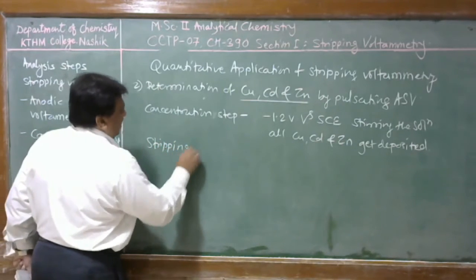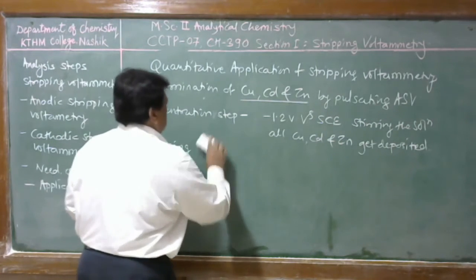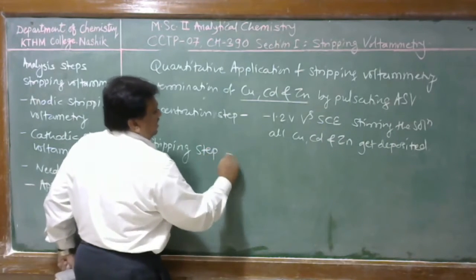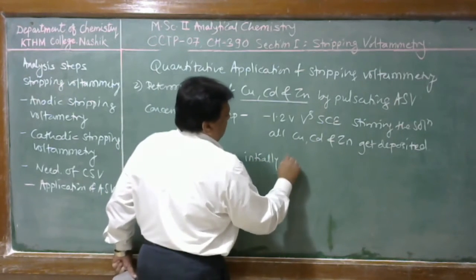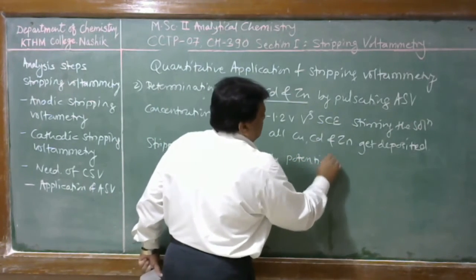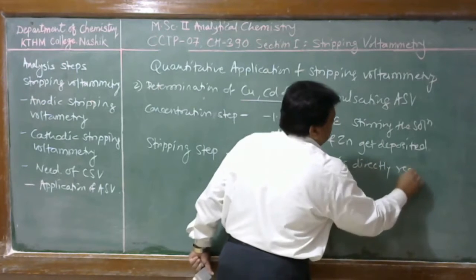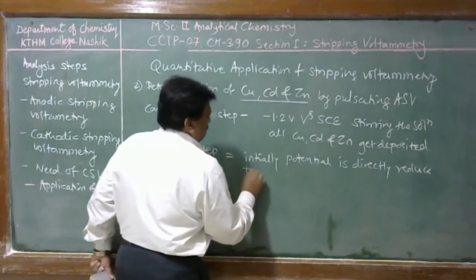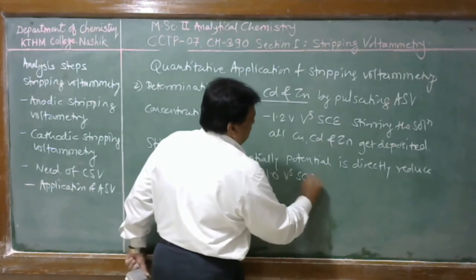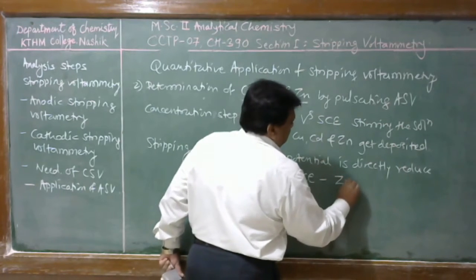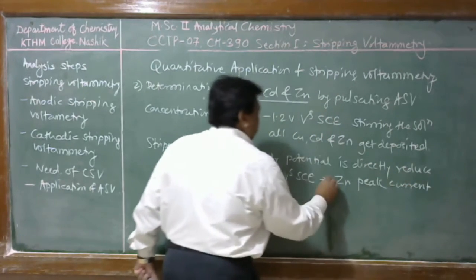potential scan is not linear, it is in a pulsating mode. That means initially potential is directly reduced to minus 1.0 volt versus saturated calomel electrode, so that we observe a zinc peak current without linear scanning.